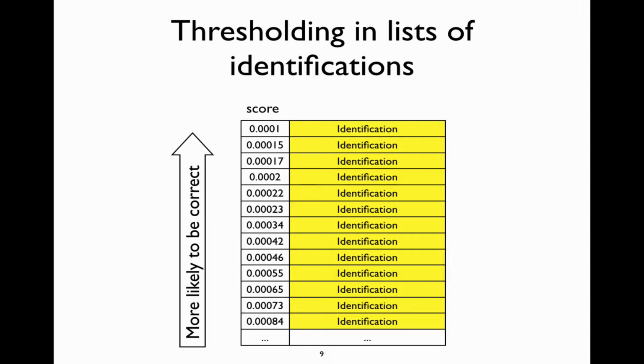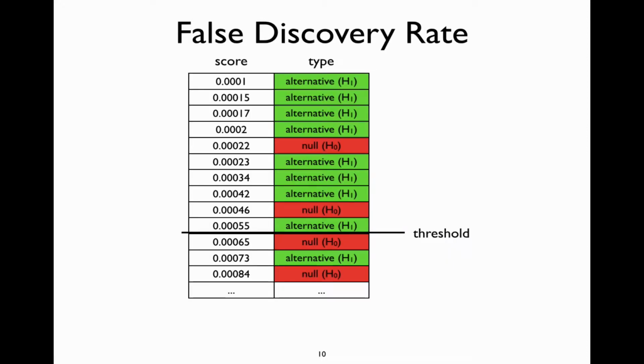At some point in this list, we can set a threshold, and we could then declare all the p-values above this threshold to be correct identifications, and all the p-values below this to be incorrect identifications. If we follow such a procedure, we must be able to define what we call the false discovery rate.